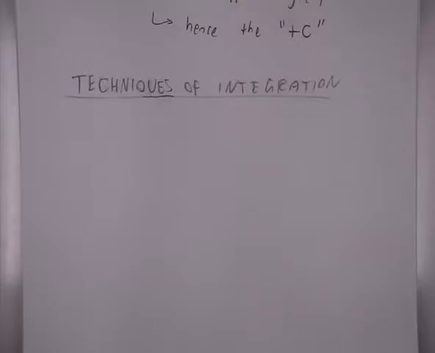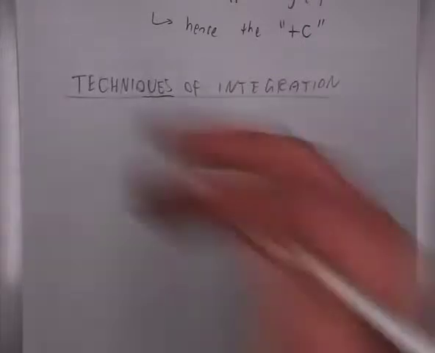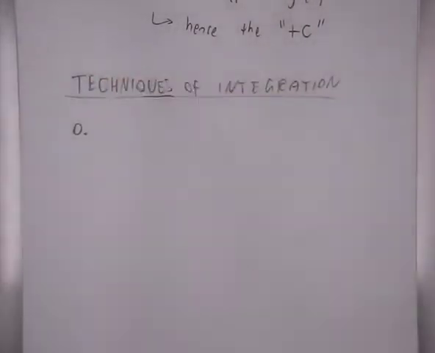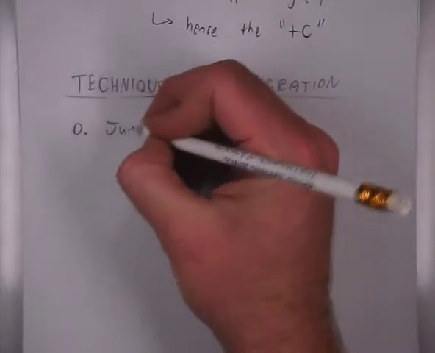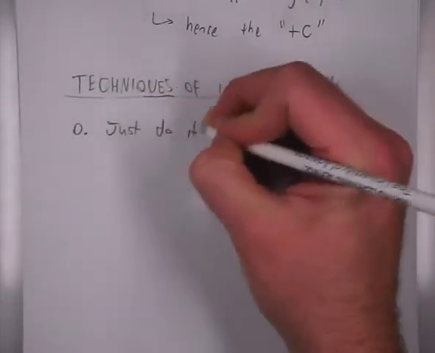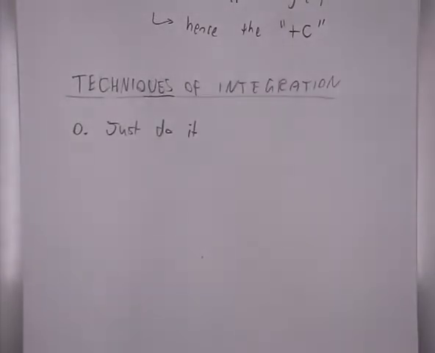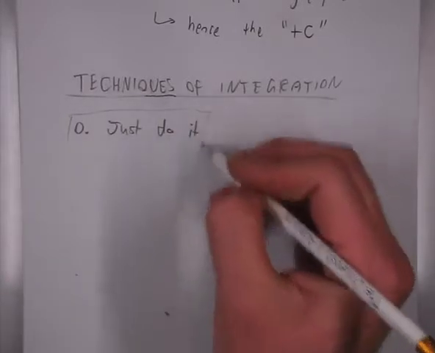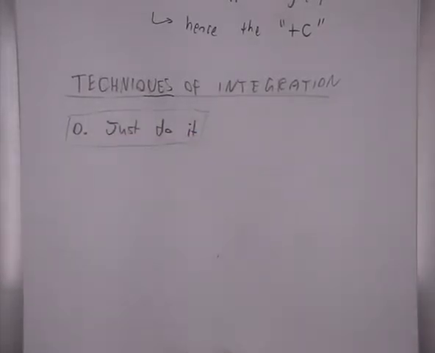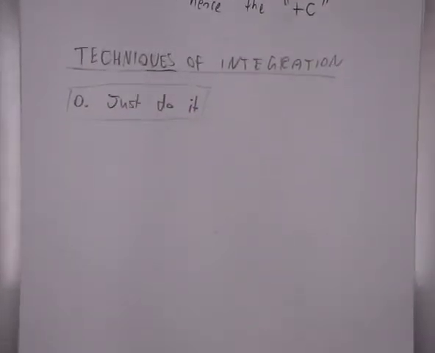So, techniques of integration. Technique 0, as in it's so basic it's not even a technique, is just do it. And under this category, we have the power rule, which should be so familiar to you, meaning that if it's not familiar, then please make it familiar by the time you get to your exam.